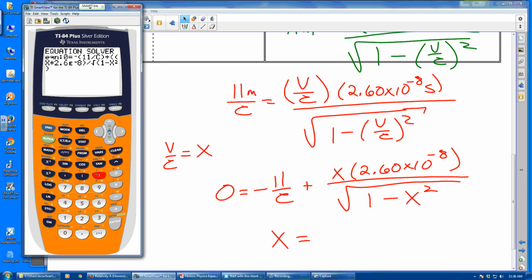Close. That should be my equation. Use the X-T-theta-n key right next to the alpha key. That's like your generic variable key.